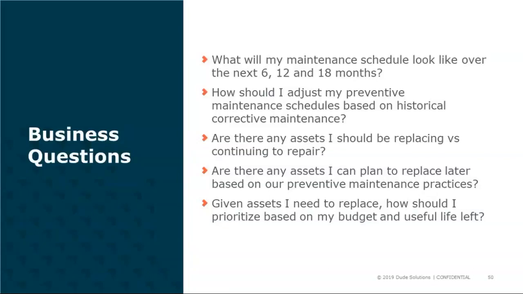Taking a look at assets and repairs. Are there things that I could plan and replace later based on a change in preventative maintenance practices? Really starting to identify what those questions are to be able to help identify what insights and what action can be taken from there.